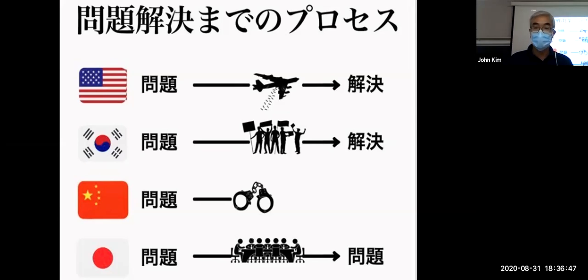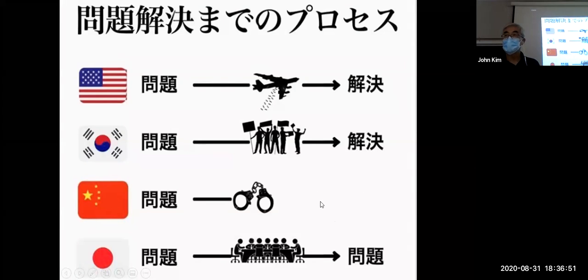But sometimes they solve the problem, sometimes not. Like in Japan, if there is a problem, then discuss, but still a problem. So this is kind of the research process: problem, what they do, analyze, discuss, and find the solution.